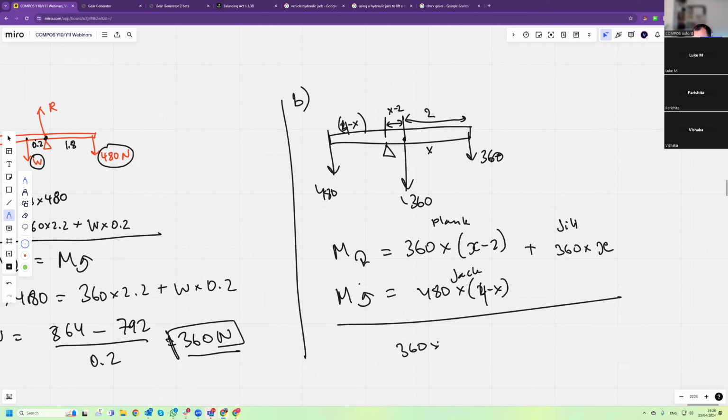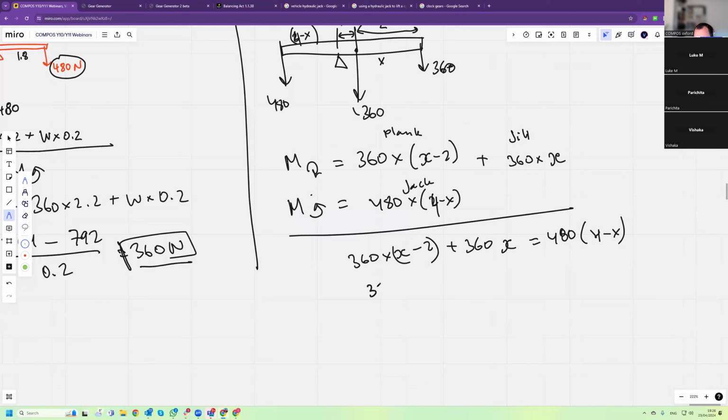So 360 times X minus 2 plus 360 times X equals 480 times 4 minus X. And we do 360X minus 720 plus 360X equals 480 times 4, 1920, minus 480X.